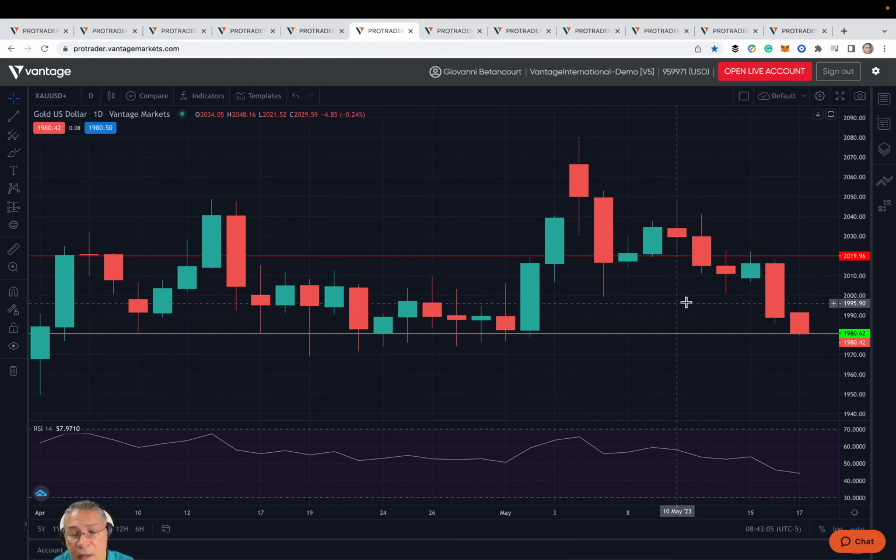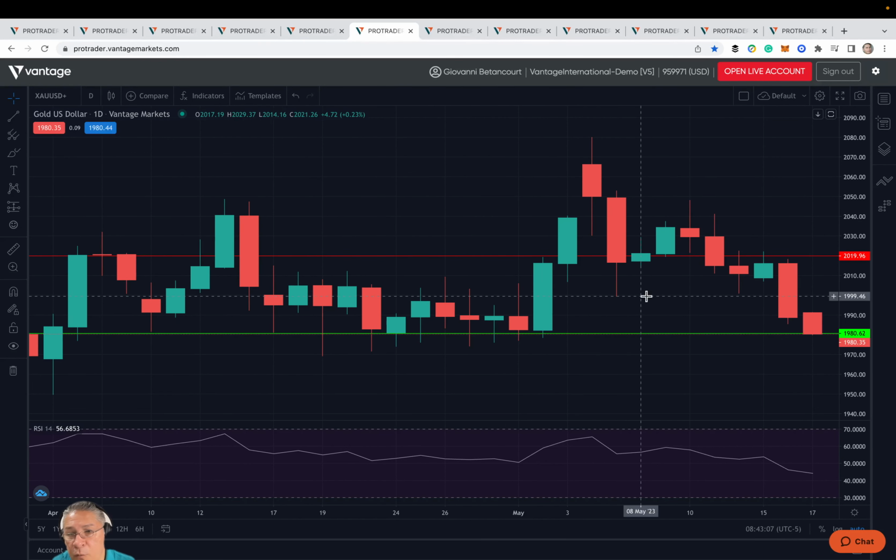As far as gold goes, we are looking to break this 1980 support level, or at least it's violating it. The RSI is below 50 and it is pointing towards even lower. So we want to use the previous day's lows of these wicks.